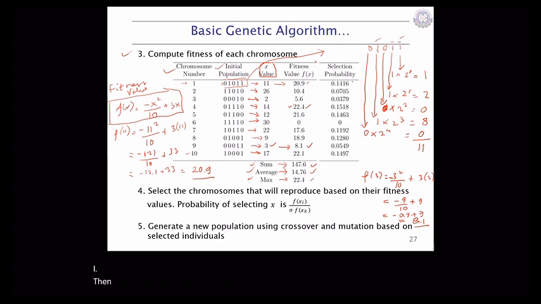Then for the selection probability, you divide this number for each individual here.